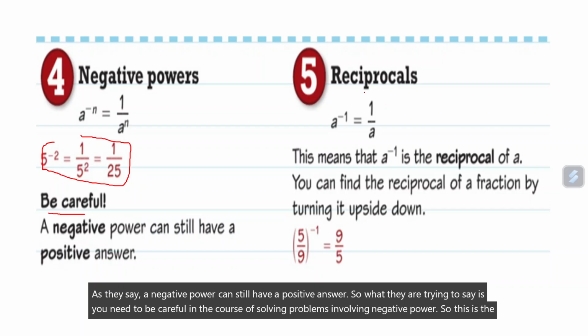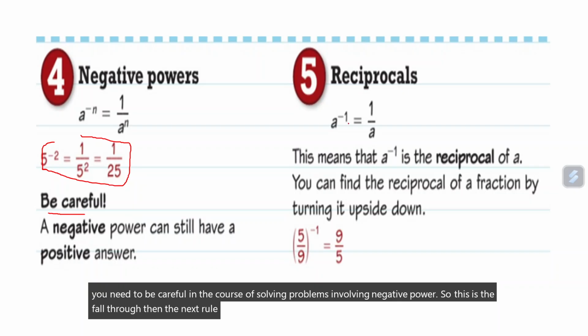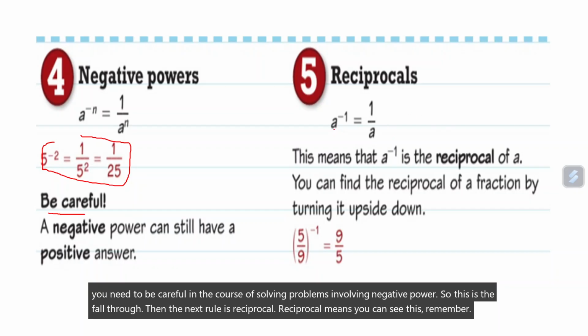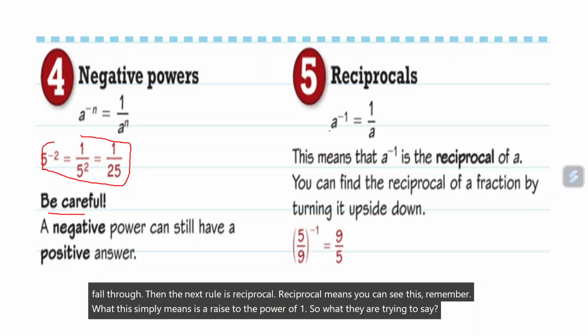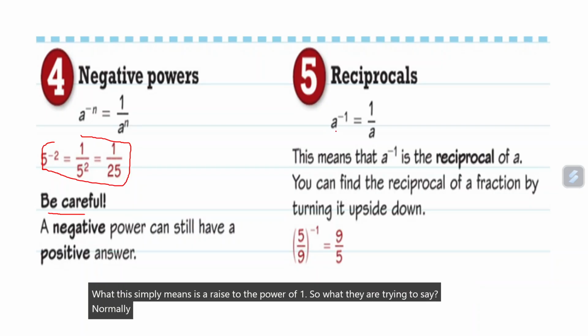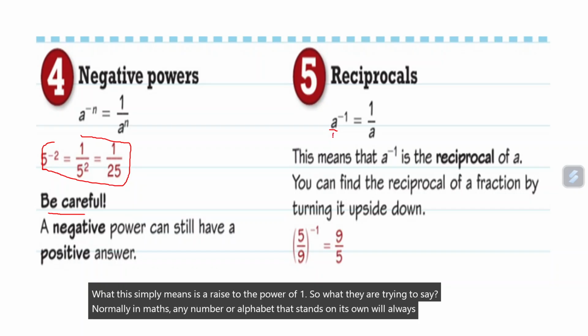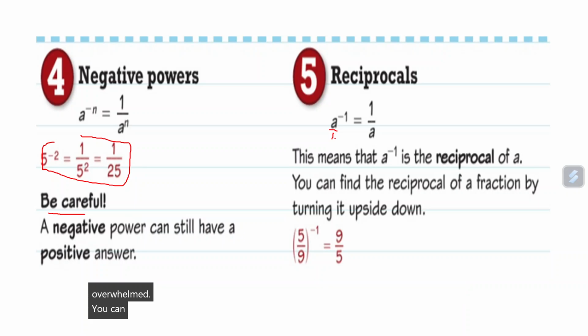Then the next rule is reciprocal. Remember, what this simply means is A raised to the power of negative 1. Normally in maths, any number or alphabet that stands on its own will always be assumed to be over 1.